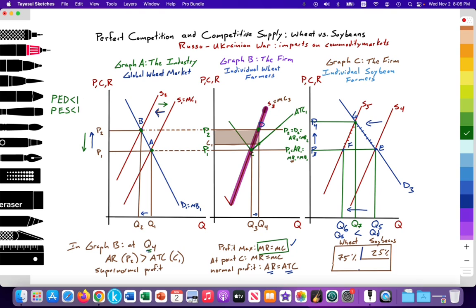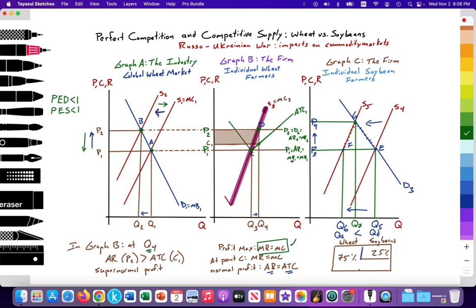In theory, the abnormal supernormal profit attracts more competition, attracts more farmers to switch away from, let's say, soybeans, cotton, rapeseed, etc., and start producing more wheat. So collectively, all around the world, we're seeing more and more farmers switching towards wheat production to increase their quantity supply to capture that abnormal profit.